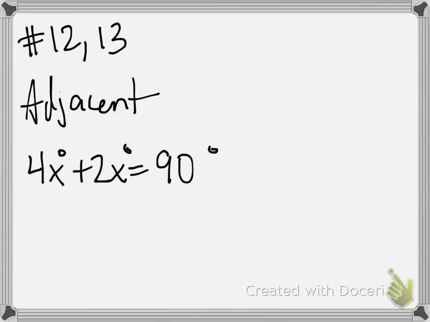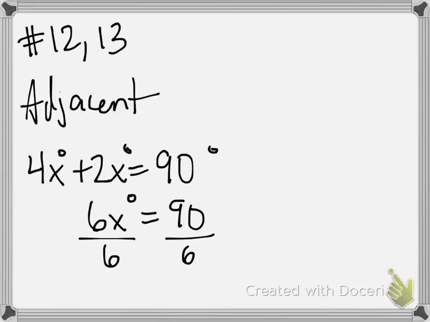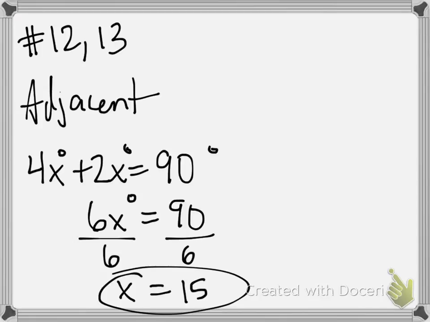If you think about it, when you were adding in kindergarten, it was just like 4 oranges and 2 oranges. Gives us 6 oranges. Alright, so now what we're going to do is we want to get x by itself, so we're going to divide both sides by 6. And x equals 15. So we have 2 answers here, adjacent and 15.